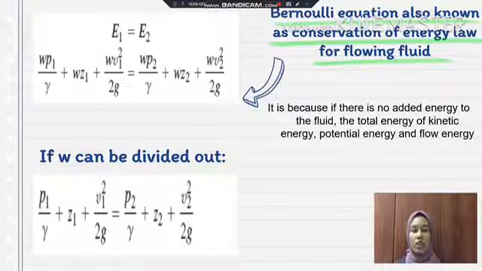The equation also states that the total energy in the fluid is constant because there will be no added or removed energy from the system. So there will be no heat transfer and no energy loss due to friction.